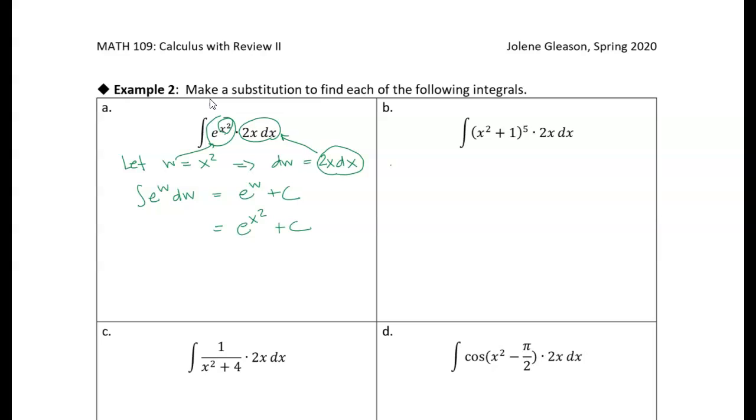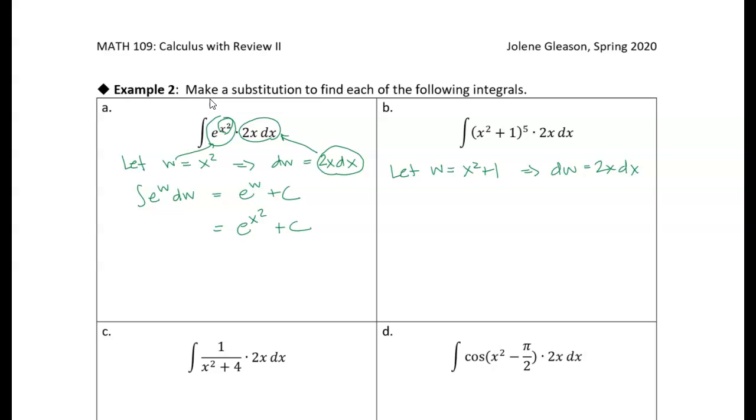So here we let the inside function be w, so I'm going to say w is equal to x squared plus 1. That's telling me that dw is equal to 2x dx. It's not always 2x dx, but in this case, they're all 2x dx.